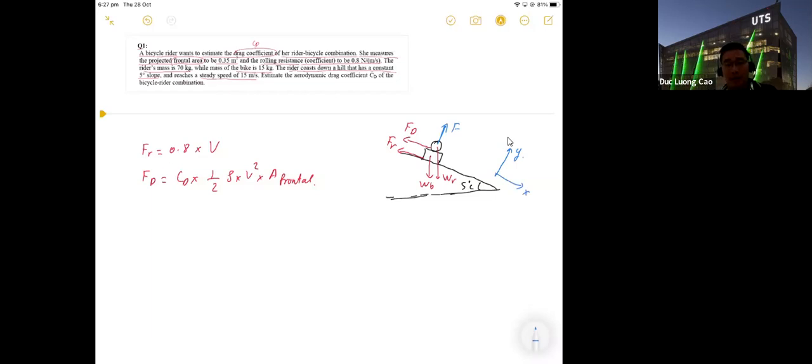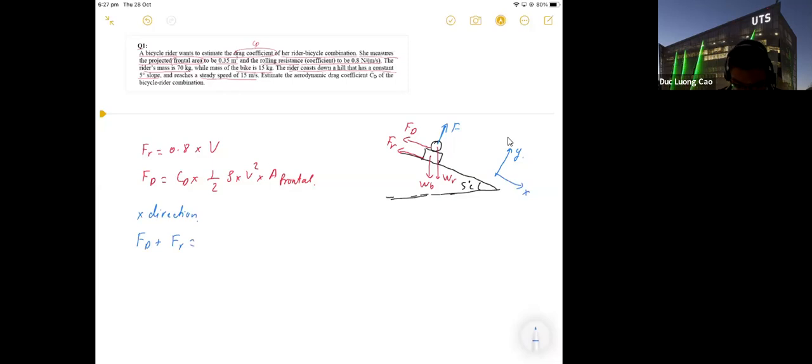Okay. In this case, when we look in the X direction, it's all the moving direction. Because the rider moves with a steady speed, the upward force will be equal to the downward force. The upward force we have is FD plus FR.